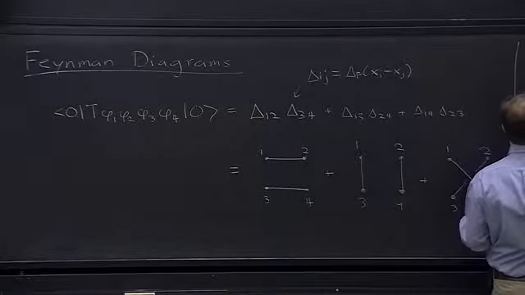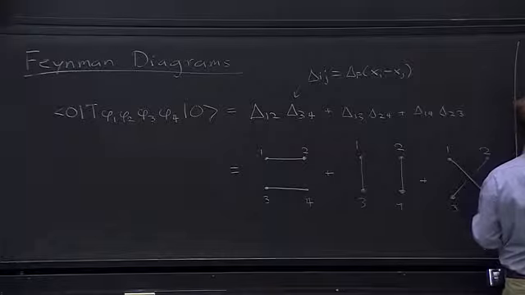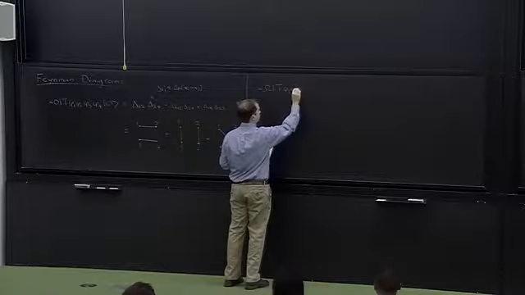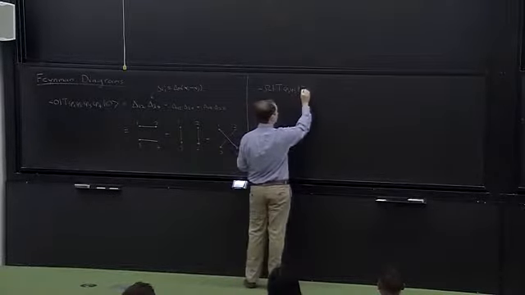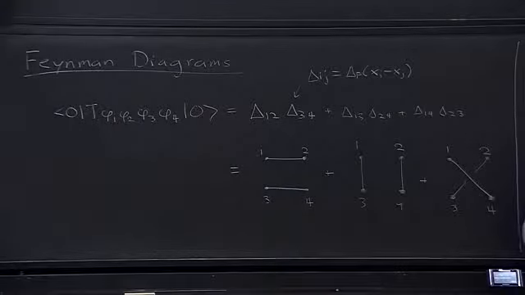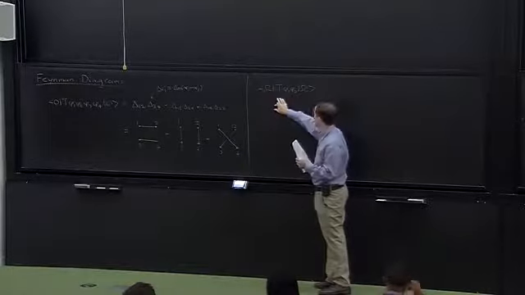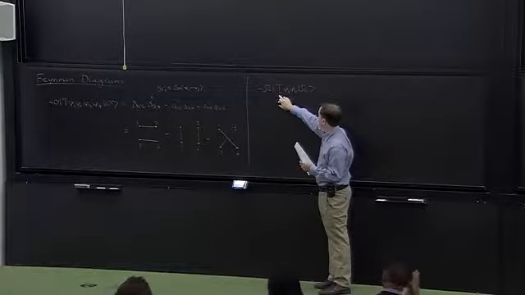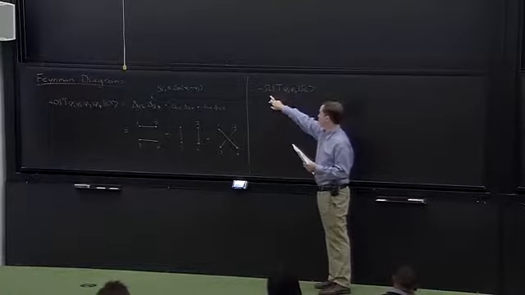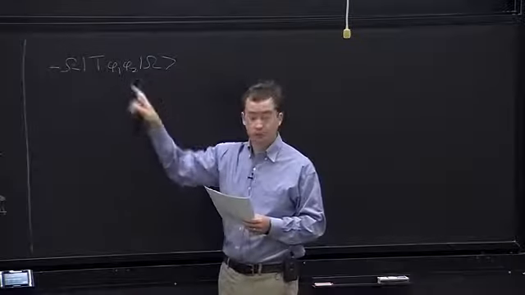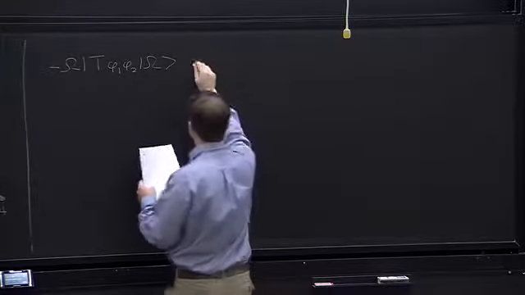So recall our result from last time. The two-point Green's function, two-point correlation function, or the expectation value of the time-ordered product of two fields. Those are all synonyms.